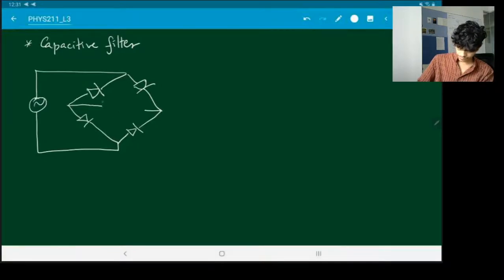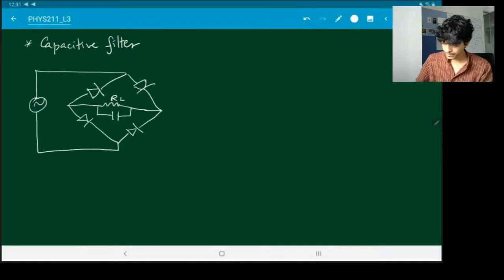We have the load resistance, but in parallel with that we have also put a capacitor. Now let's see what happens.